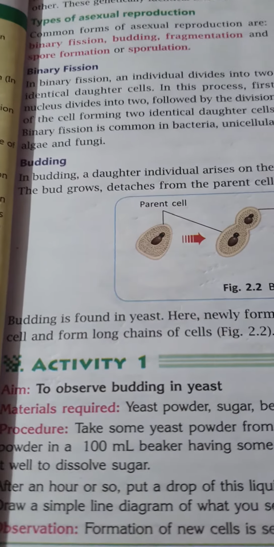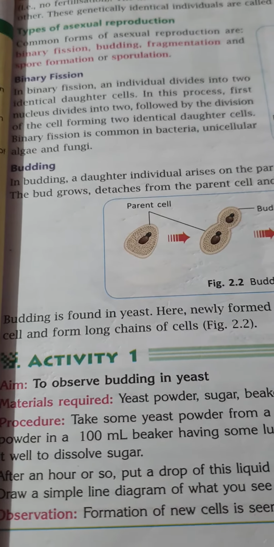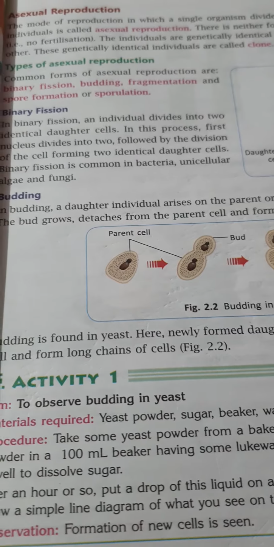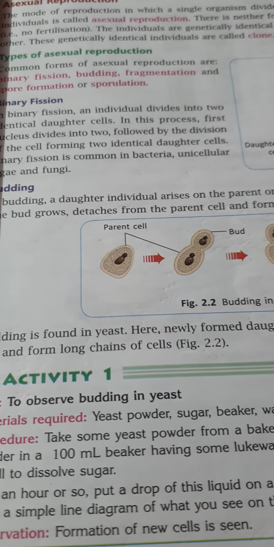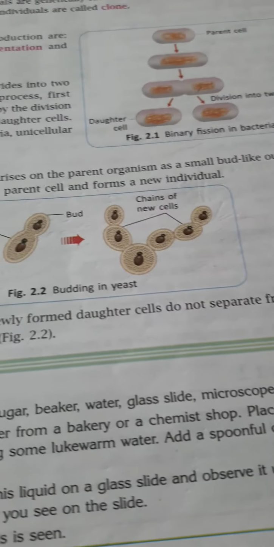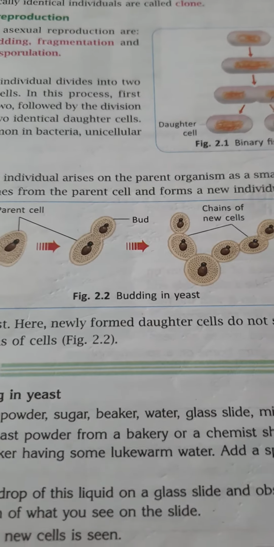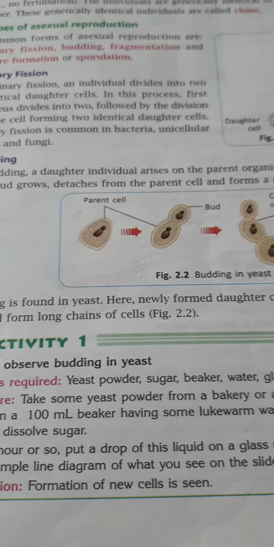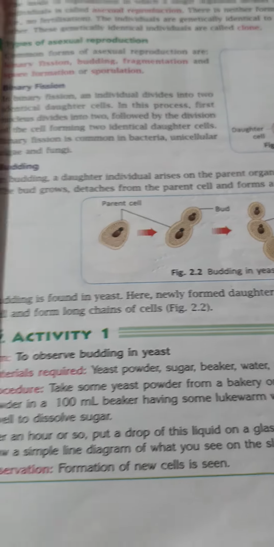Now what will be the procedure? In this procedure you have to take 100 ml of water which will be lukewarm, meaning a little hot. In that you have to add a full tablespoon of sugar and shake it till it dissolves.